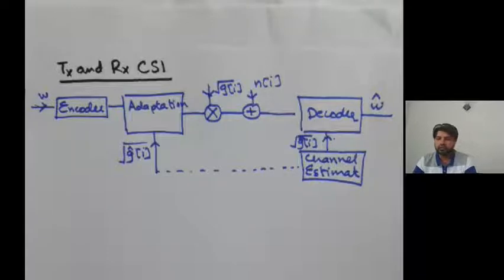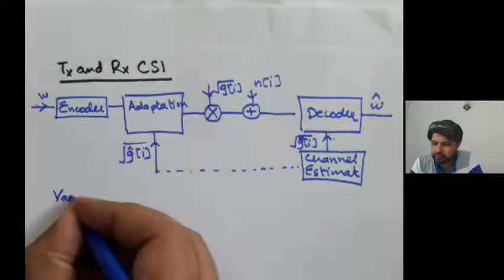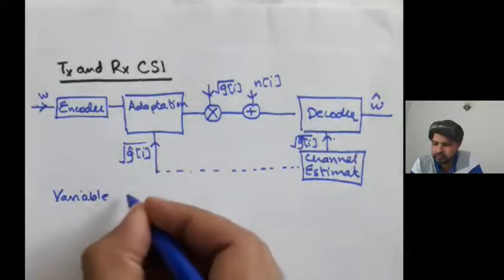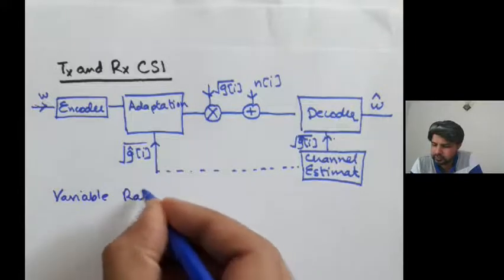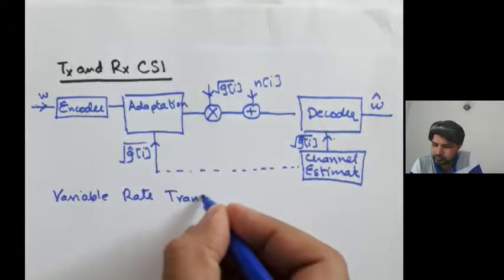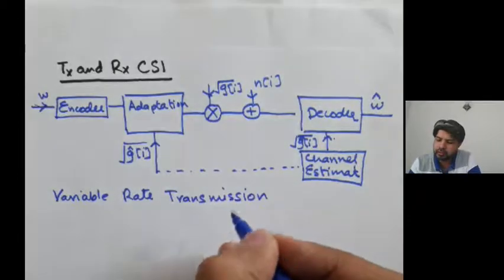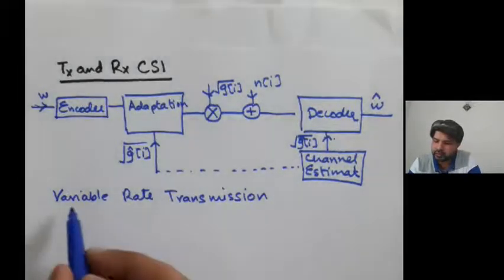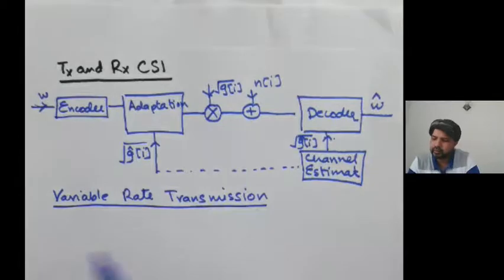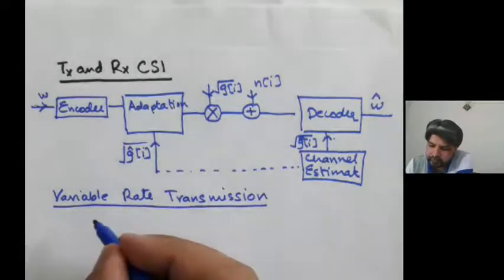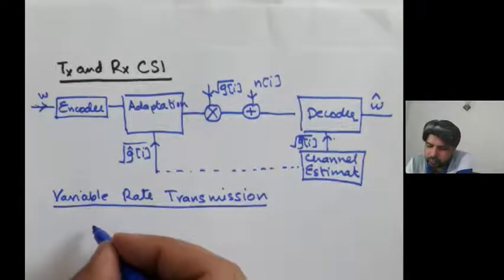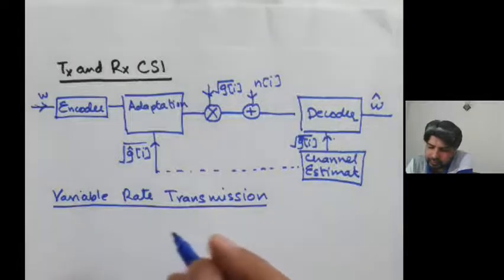Now let's talk about the variable rate transmission strategy. In a variable rate transmission strategy, you would think of the channel as having different states.